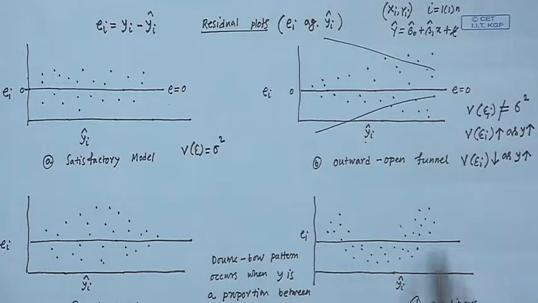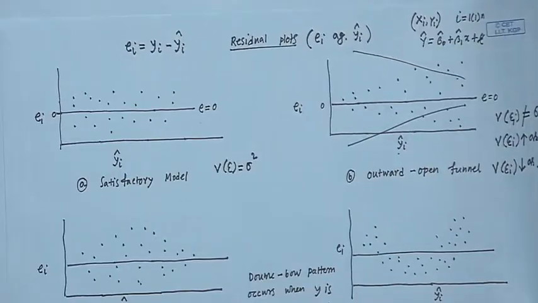See here, this sort of scatter plot is called nonlinear, and this sort of nonlinear scatter plot indicates that the relationship between the response variable y and the regressor variable x is not linear. Okay.